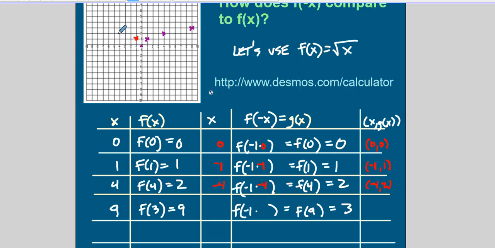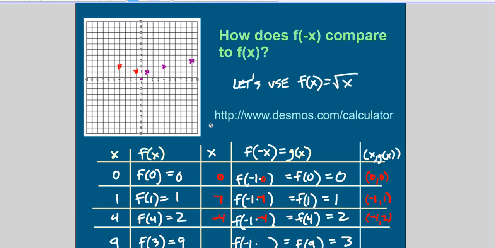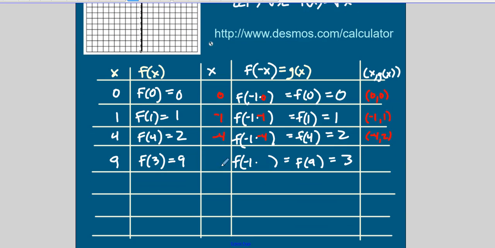And what you can see is we're getting a reflection across the x-axis here. I'm sorry, the y-axis here. This is a mirror image. So here's our reflection line. And then we have 9.